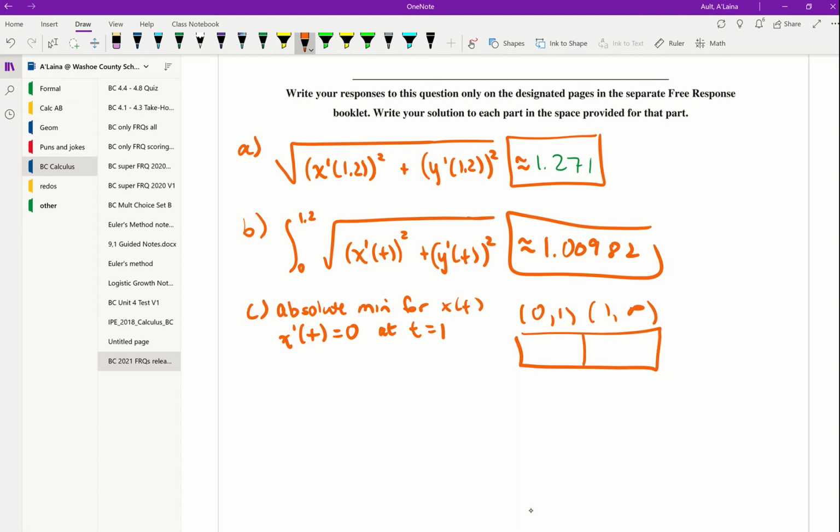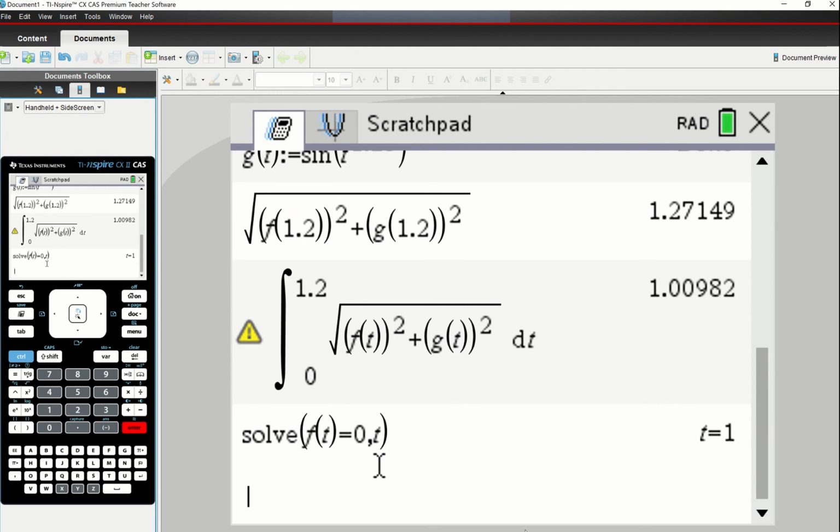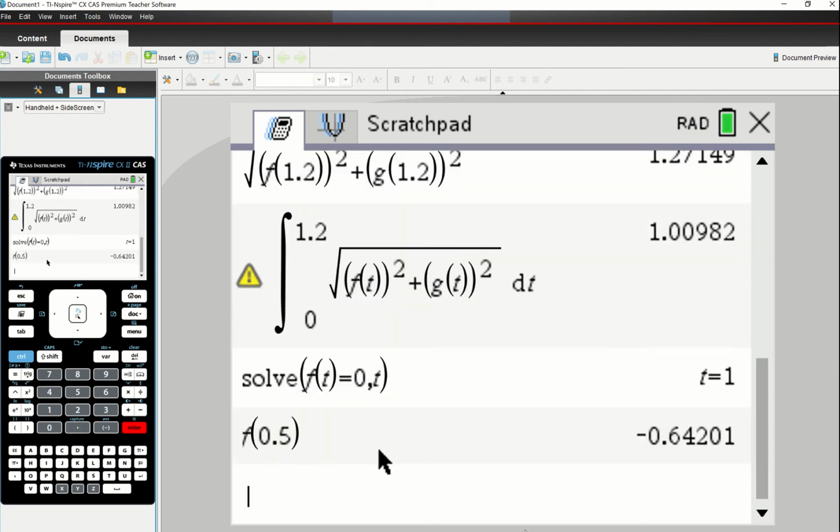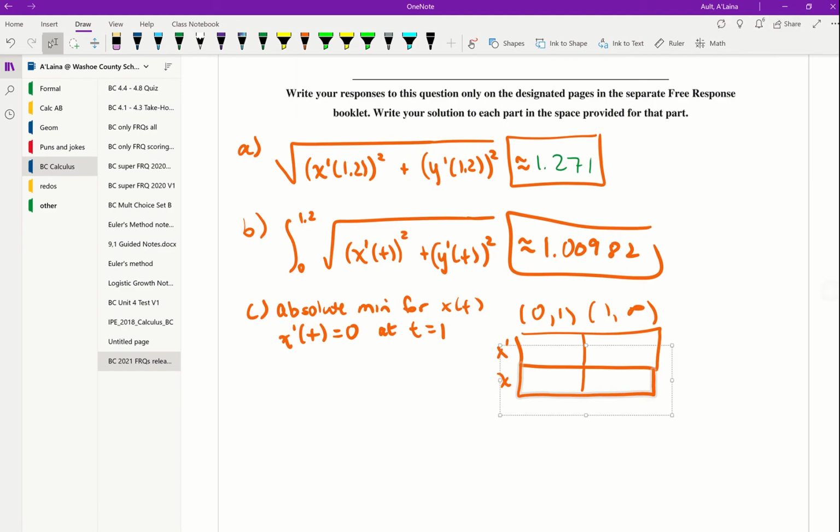I'm going to evaluate x prime and see if that tells me if the particle is moving to the left or the right for x. I could evaluate x prime with my calculator really easily. So I'll do f of, I don't know, 0.5. All I really care about is whether it's positive or negative. I'm getting a negative for that value, so I am moving to the left.